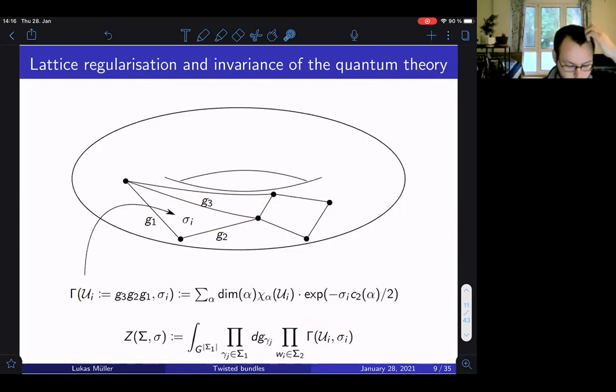And it turns out that what one should choose is the following sum over simple representations of the group. We take the dimension of the representation, we take the value of the character on the holonomy, and then we weight this with an exponential factor depending on the area times the quadratic Casimir operator in the representation, which for SU2 would just be the total angular momentum.